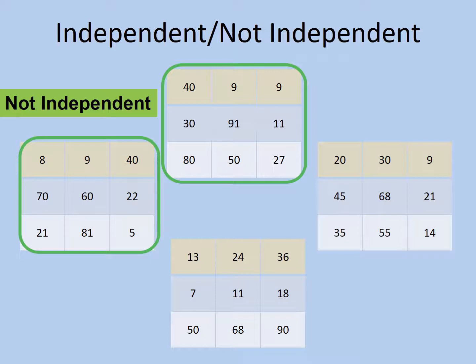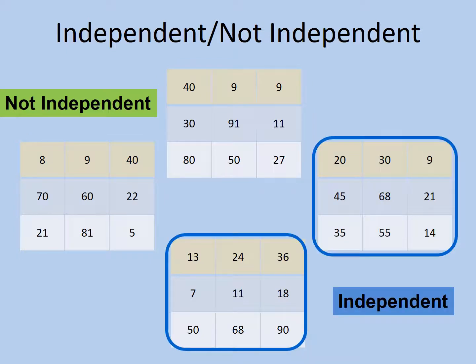Using our eyeballing procedure, we will see that both the table at the top and the table on the left indicate two variables that are not independent. Also, by eyeballing, we will see that both the table at the right and the table on the bottom indicate two variables that are independent.